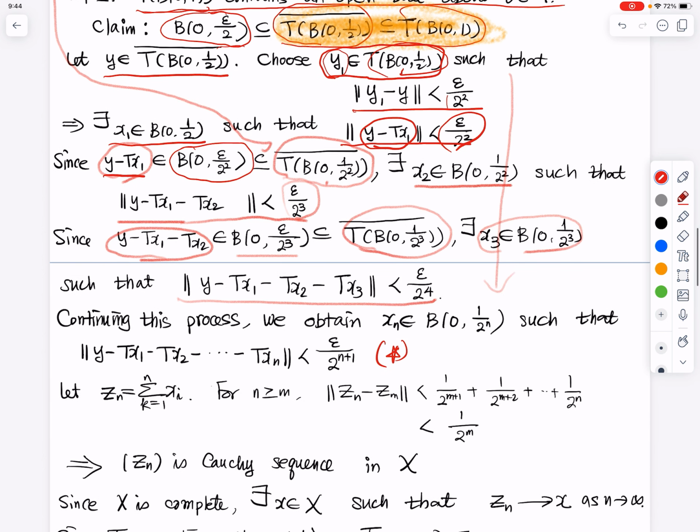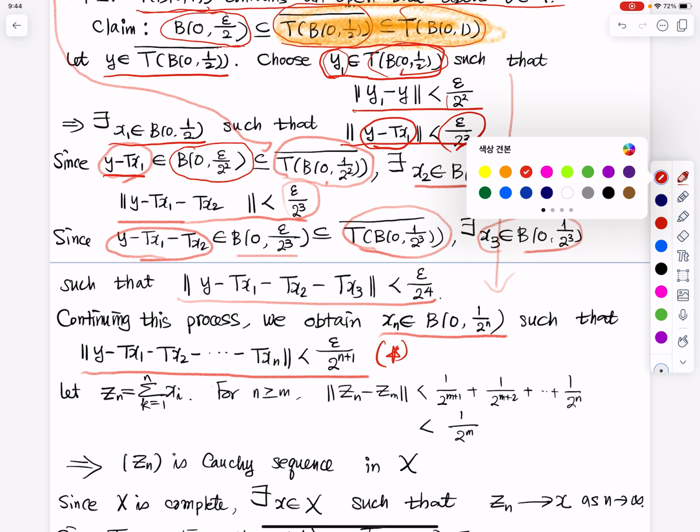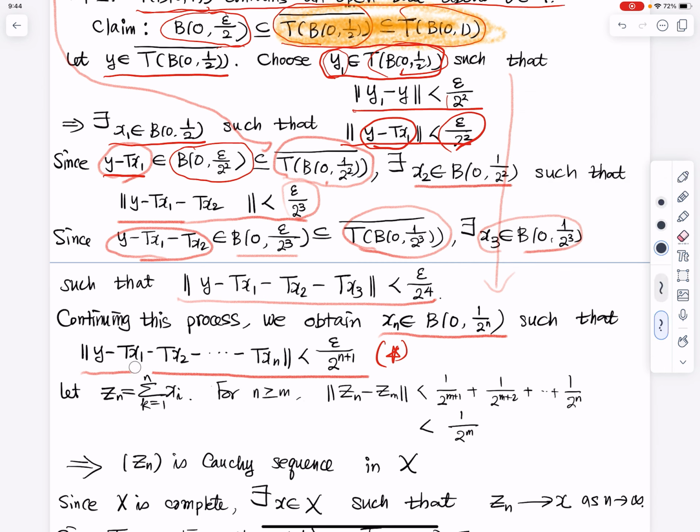Then we obtain a sequence xn belonging to B(0, 1 over 2 to the n), such that the norm of this guy is less than epsilon over 2 to the n plus 1. Now, since T is linear, I put zn to be the sum from k equals 1 to n of xk.